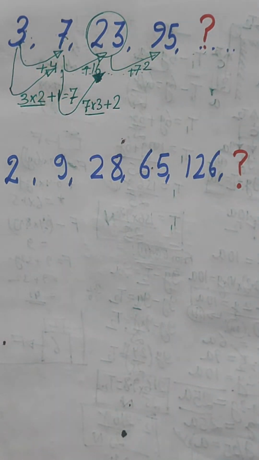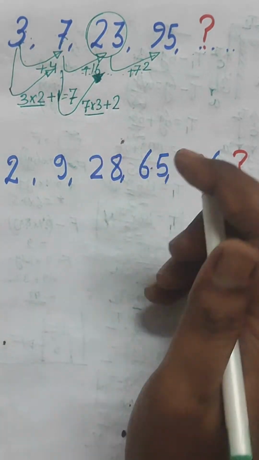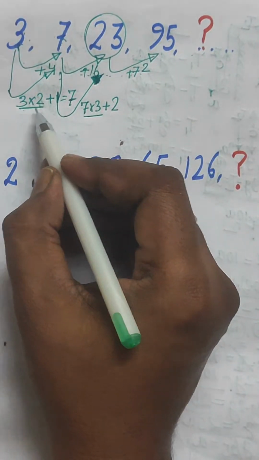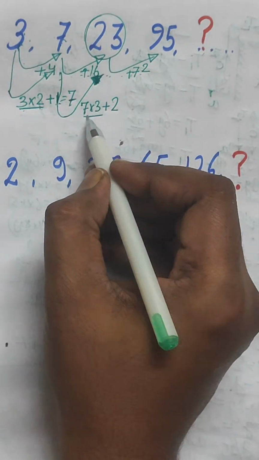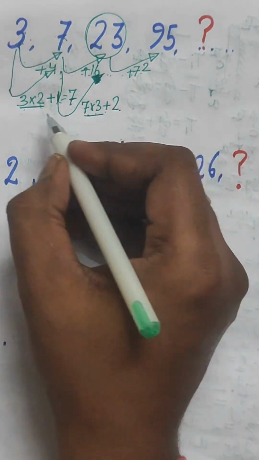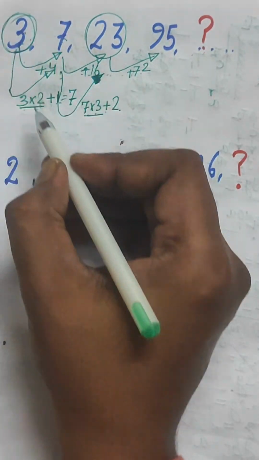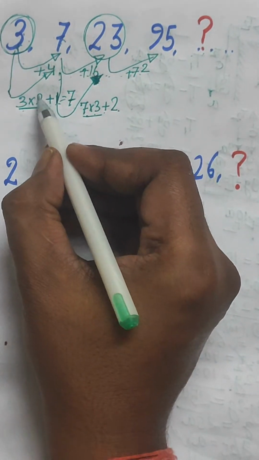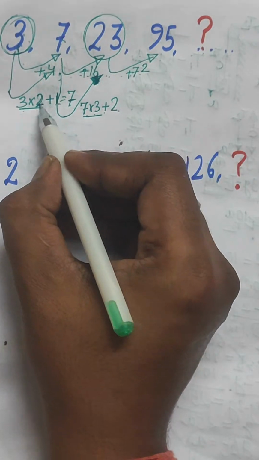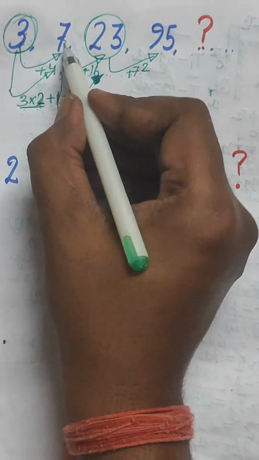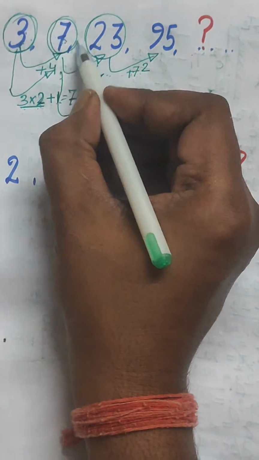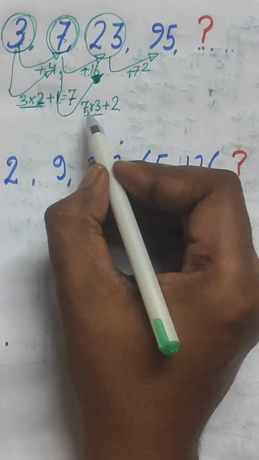This logic seems helpful, because you can see times 2 plus 1, times 3 plus 2. Whenever we multiply the given number by the natural number 2, the next term is multiplied by the successive natural number.